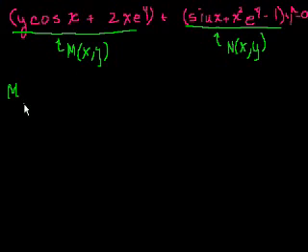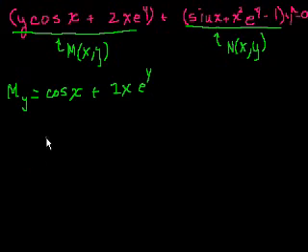The partial of M with respect to y is equal to, let's see, this cosine of x is just a constant, so it's just cosine of x. Cosine of x plus, now, what's the derivative? Well, 2x is just a constant, and what's the derivative of e to the y with respect to y? Well, it's just e to the y, right? So we have the constant on the outside, 2x times the derivative with respect to y, so it's 2x e to the y. Fair enough.